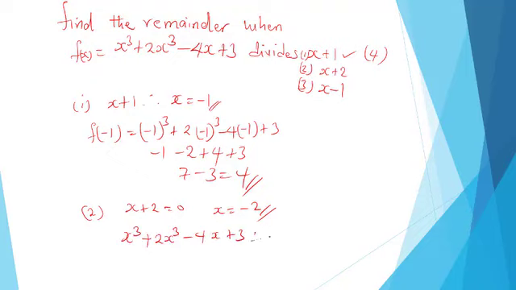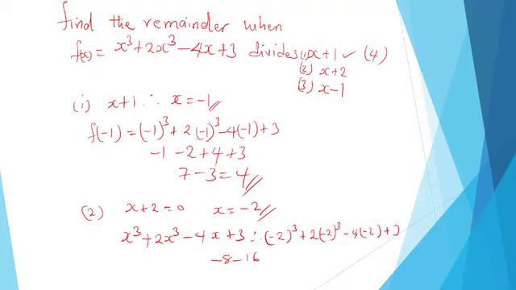So we now have minus 2 raised to the power 3 plus 2 times minus 2 raised to the power 3, minus 4 times minus 2 in bracket, then plus 3. So minus 2 raised to the power 3 is minus 8, and minus 2 raised to the power 3 again is minus 8 times 2, which is minus 16.